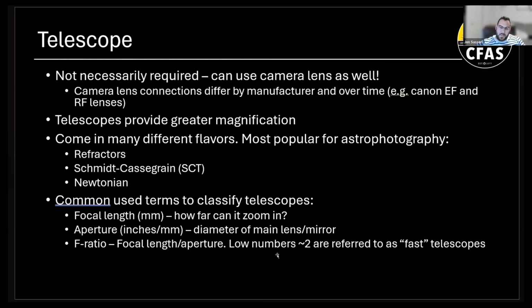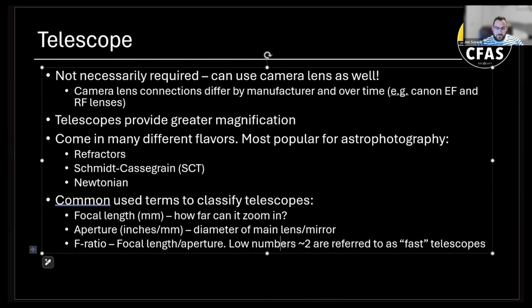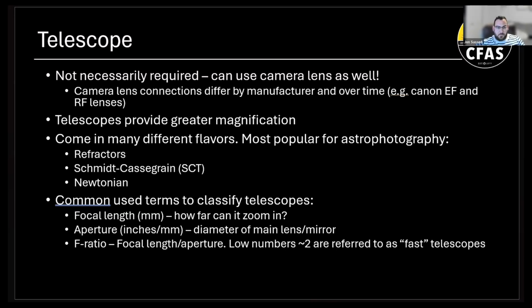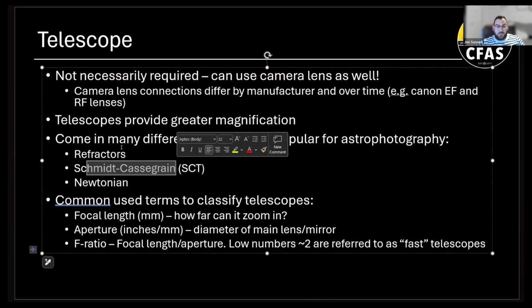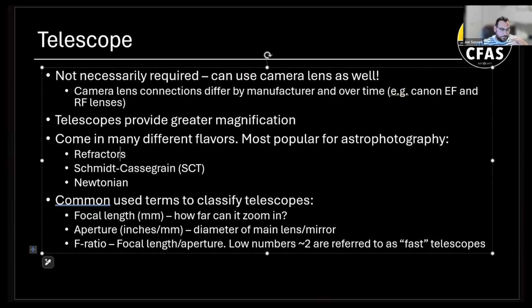But it's kind of an apples to oranges comparison if I compare the F ratio of that telescope to a refractor that has a much smaller aperture, because even though the SCT may have a higher F ratio, it still has a larger aperture and is still going to collect more light. So when you're looking at F ratios, try to look within comparable telescopes. Don't necessarily compare an SCT to a Redcat refractor.